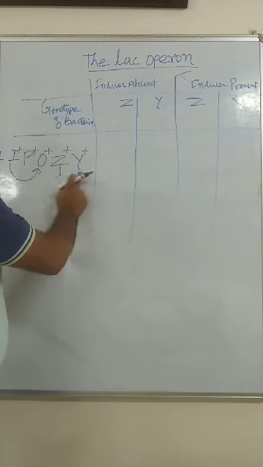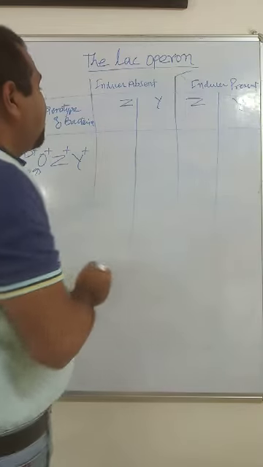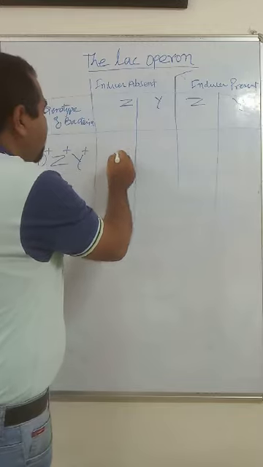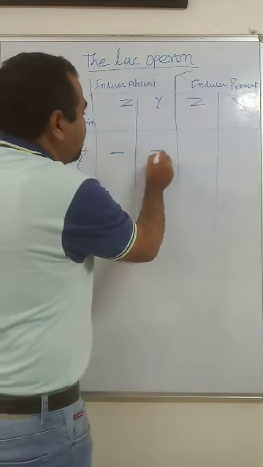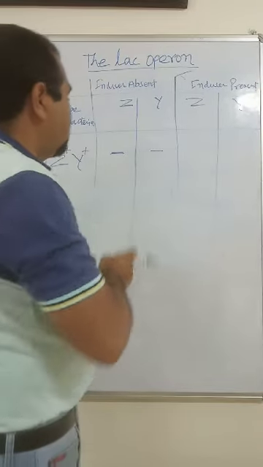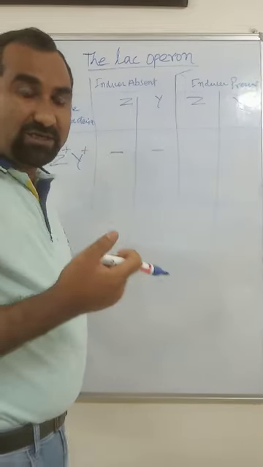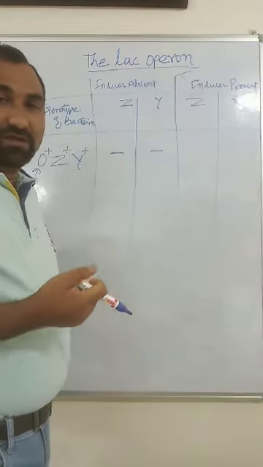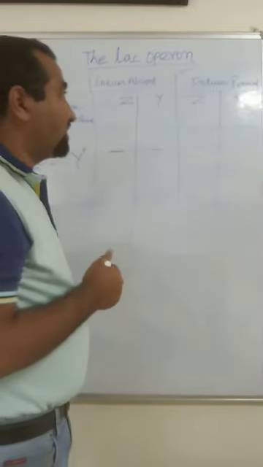So in case of the inducer absent, there will be no production of Z gene product and no production of Y gene product. So it is represented by minus. When a gene produces protein, that is represented by plus, it will come later on.